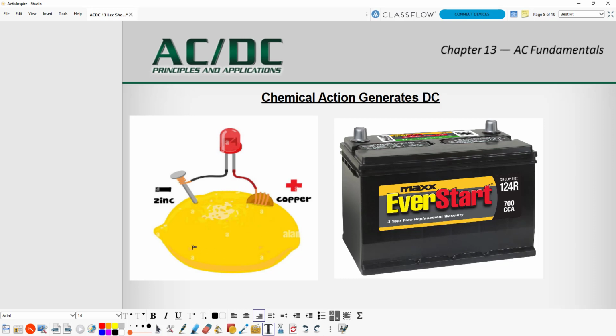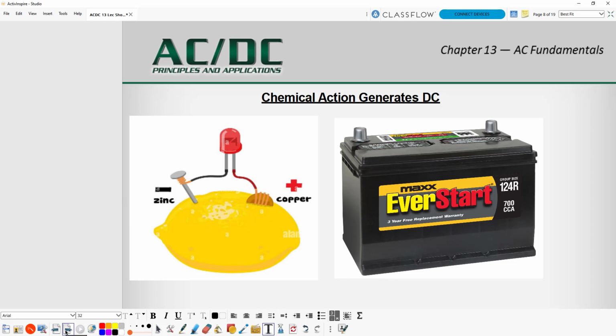With a lemon battery, you take two dissimilar kinds of metal, you put them in an acidic compound, and it will generate, by means of something called chemical action, a DC voltage. So it's very important for you to understand that batteries use chemical action, and chemical action always generates a DC voltage.